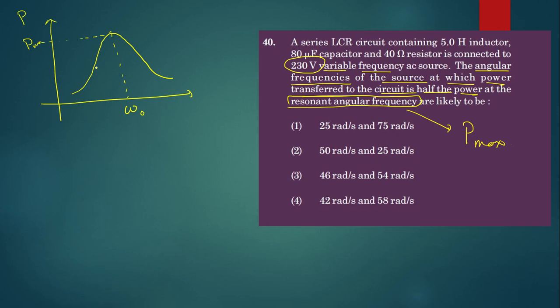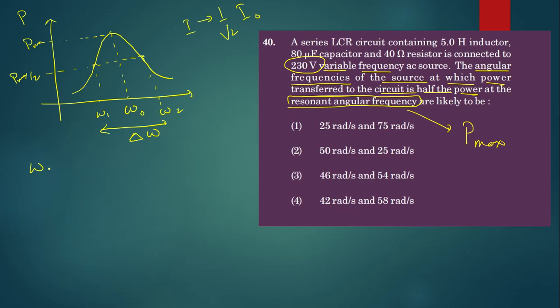Then at two frequencies, one called the lower cutoff frequency and one called the upper cutoff frequency, the power becomes equal to half of the maximum power. These are the frequencies at which the current in the circuit becomes equal to 1 by square root 2 times the maximum current. This difference is also called the bandwidth.